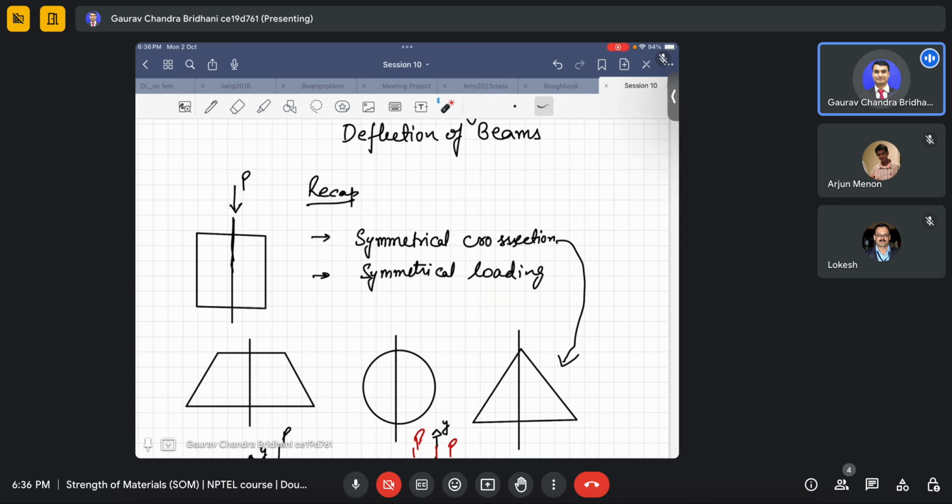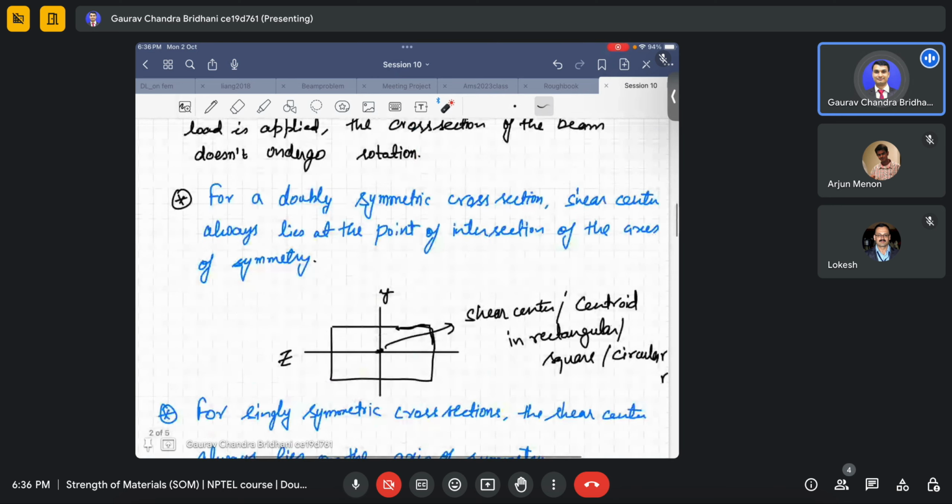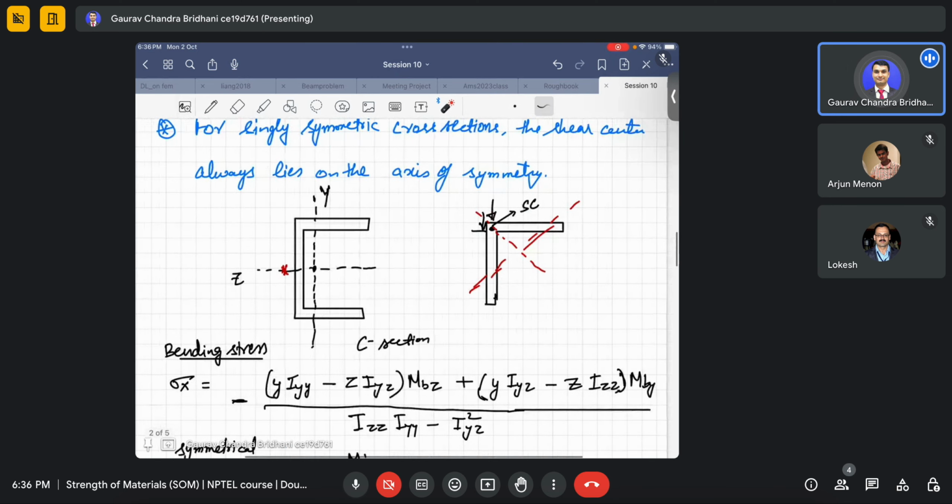If the cross section is not symmetrical, even if you apply the load, the same thing as I told you. So here what is happening, the cross section is not symmetrical, but I am applying the load at the shear center. Suppose I am ignoring the rotation, so I am applying the load at the shear center. Due to that, what is happening? It is undergoing unsymmetrical bending.